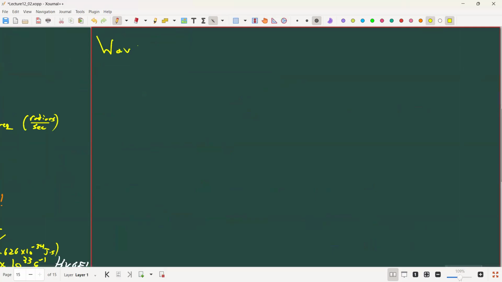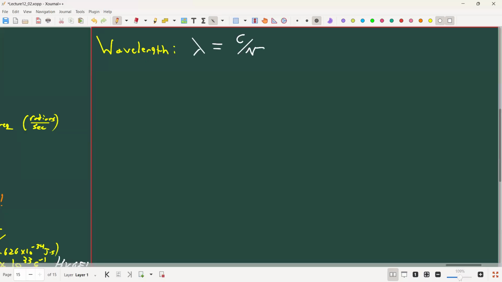We can think about the wavelength of light, which is lambda is equal to c over v, the frequency. So we can plug that into Planck's law and say that E is equal to hc over lambda.